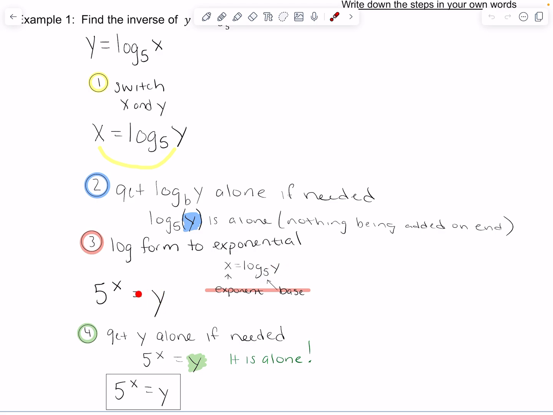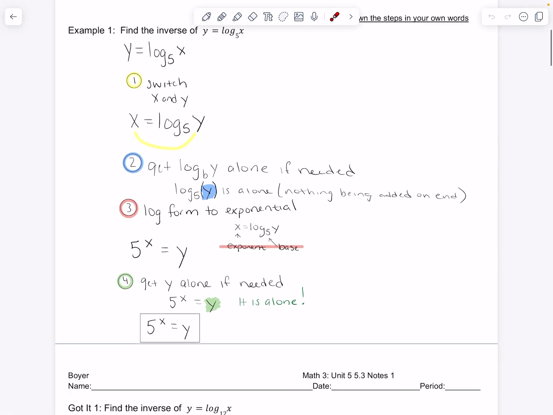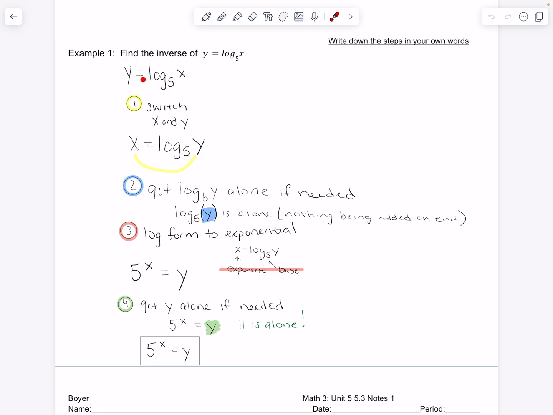So 5 to the x equals y. My last step would be to get y alone if needed, but this y is by itself, so I'm good. This is my final answer: 5 to the x is equal to y. So the inverse of y equals log base 5 of x is 5 to the x equals y.